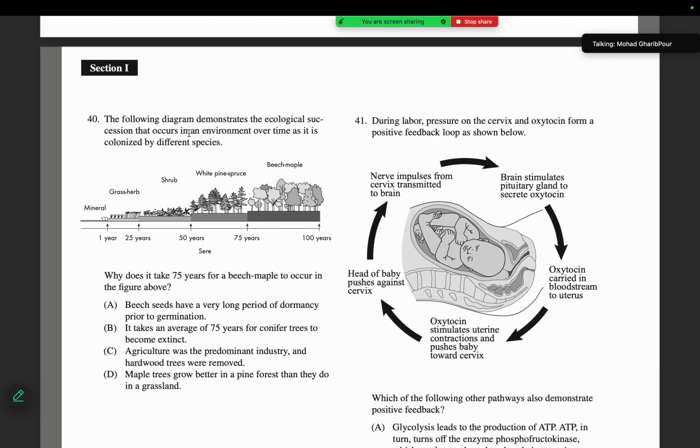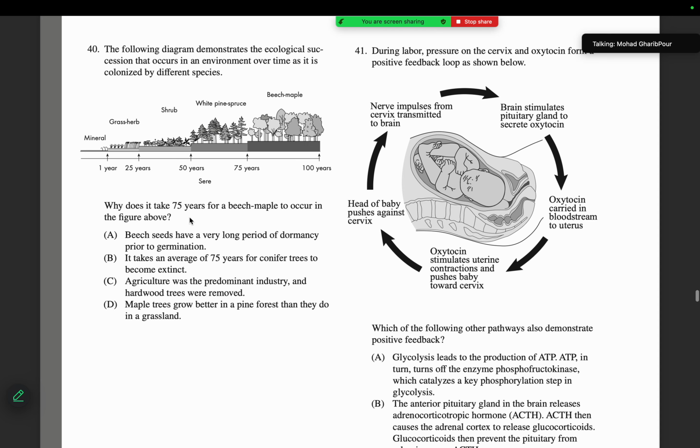The following diagram demonstrates the ecological succession that occurs in an environment over time as it is colonized by different species. Why does it take 75 years for a beech maple to occur in the figure above?